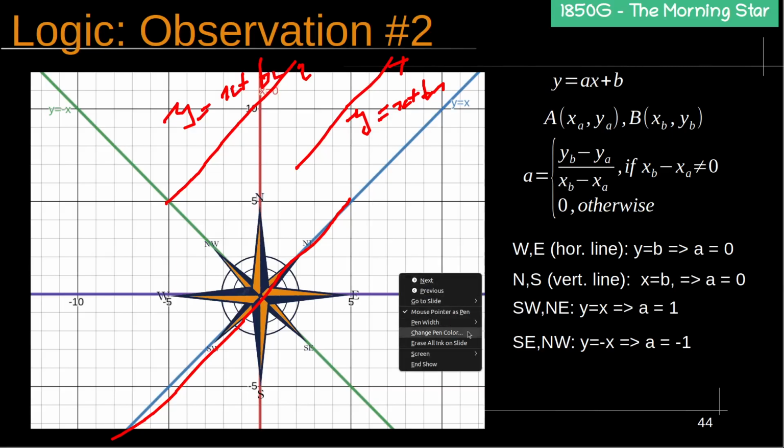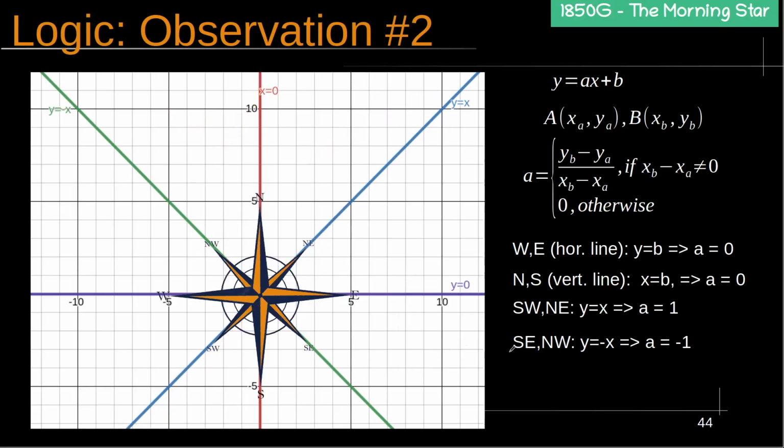The other direction, the southeast, northwest. This line, or for example, this line or this line, same line here. As you see, there's the same slope here for these lines. Okay, the slope is equal to -1 here.